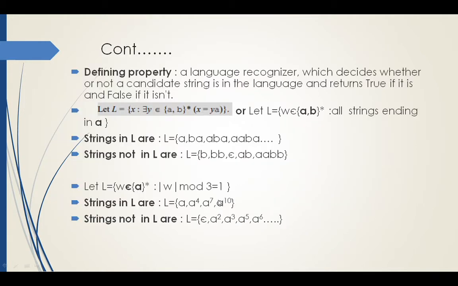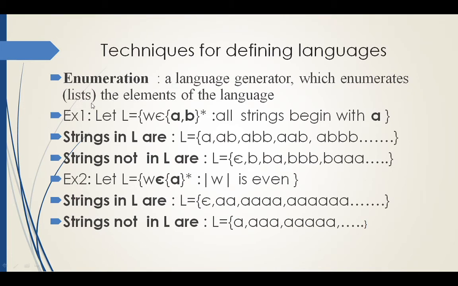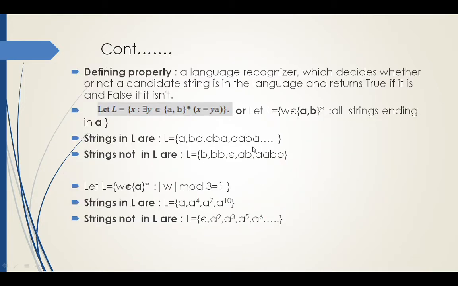Okay. So this is the first method, that is enumeration, where you list the elements of a language. You find out which strings belong to the language and list them. The second method is defining the property. So you define some property, using some symbols which give a clear idea about whether a string belongs to the language.